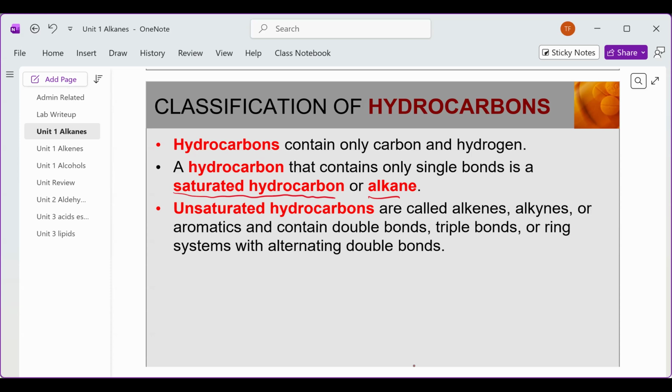A saturated fat is an alkane, and those are considered unhealthy fats. An unsaturated fat would be something that has double bonds in it, or an alkene. Now, we're not covering alkynes in this class, as this is an allied health strand we're on. There are no triple bonds in our bodies, only double and single bonds.